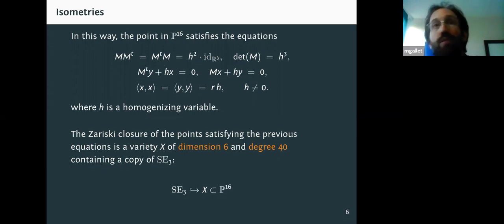Its determinant is non-zero, and then you see just the homogenized versions of the definitions of the quantities X and R. Then if you take the Zariski closure of the object that you obtain, because here we had that the quantity H is non-zero, but then you can take the Zariski closure, what you get is a variety X, which has dimension 6, which is expected because it comes from a group of dimension 6, and it has degree 40. This variety contains a copy of SE3 and sits inside P16.